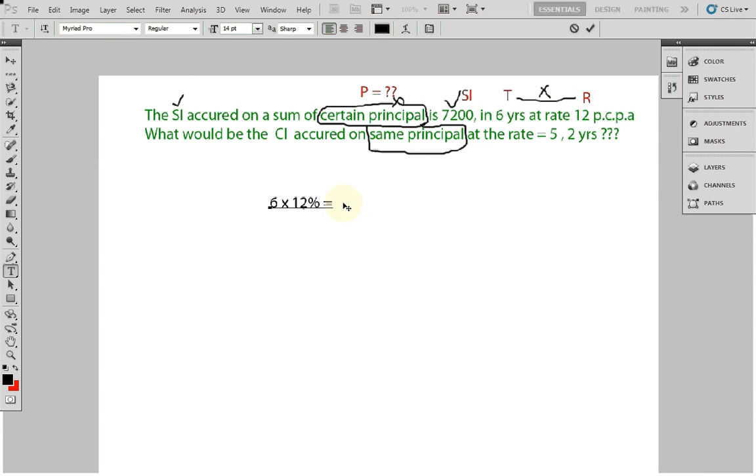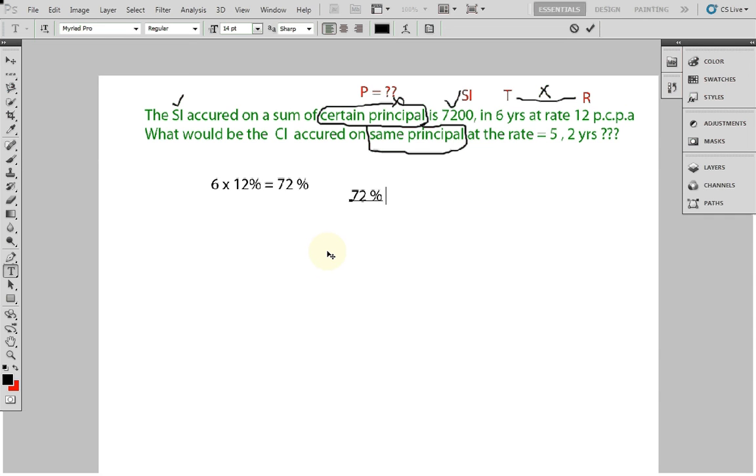Either you write percent or not, here you no need to give percentage, just for your idea I am giving percentage here. It's nothing but 72%. For 72% of principal. Okay, are you getting me?